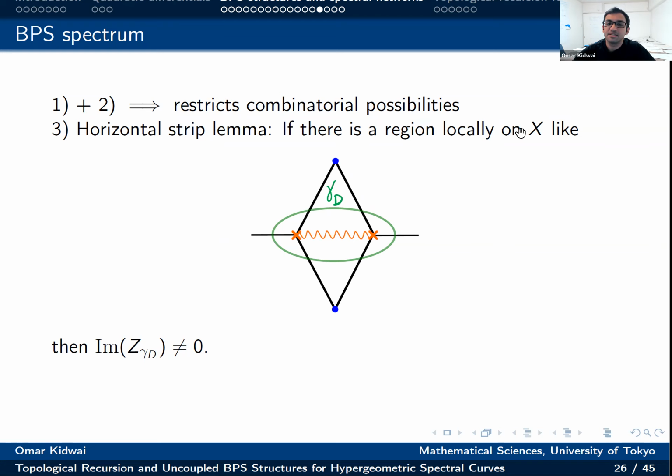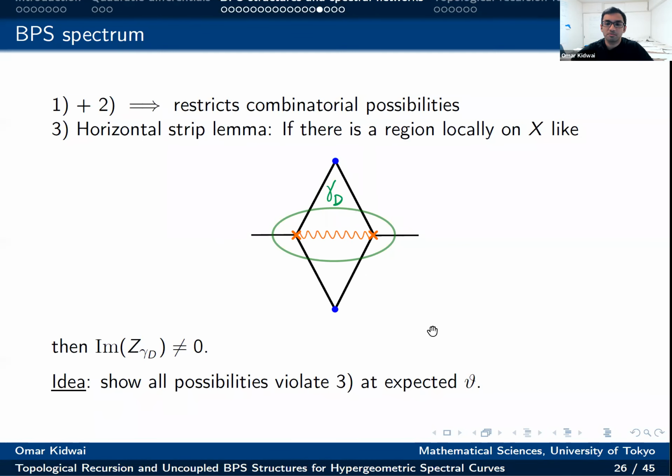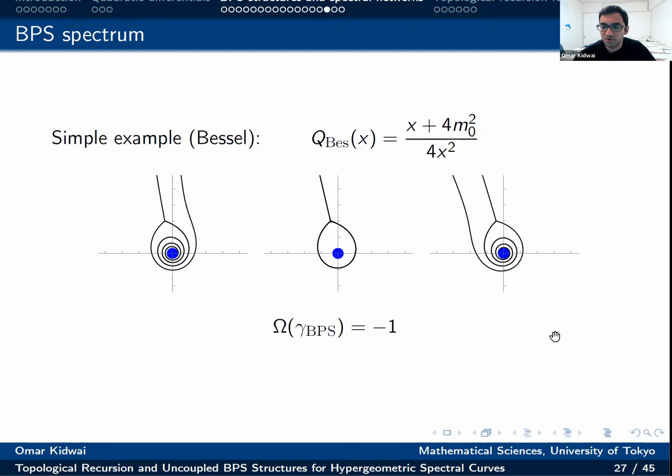What this lemma says is, if I have a region in my surface equipped with the Stokes graph that looks like this, then the cycle that I've drawn here must have non-zero imaginary part. So all the possibilities I got out of 1 and 2 are actually impossible at certain parameter values of theta. I won't go into any more detail in the proof, but that's what we successfully used to compute these.